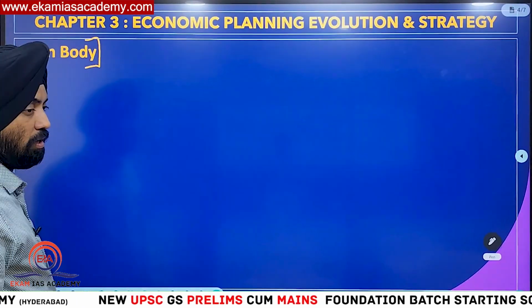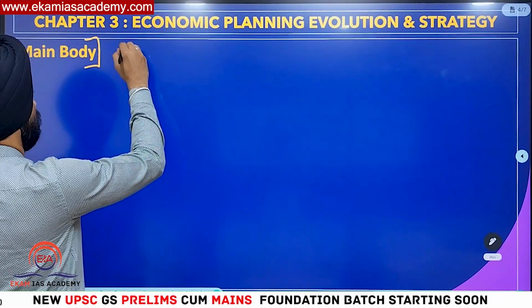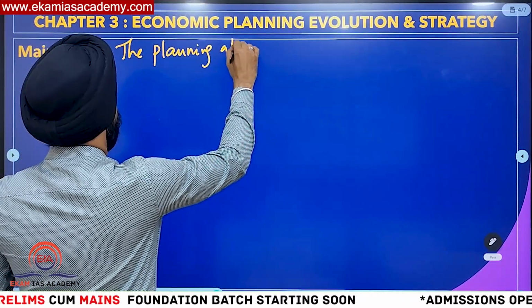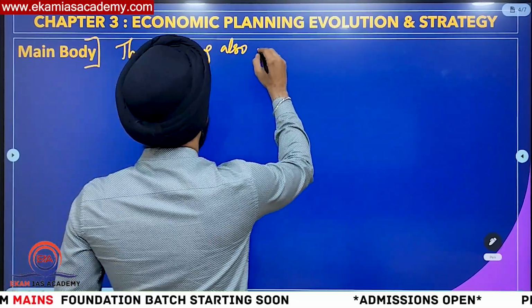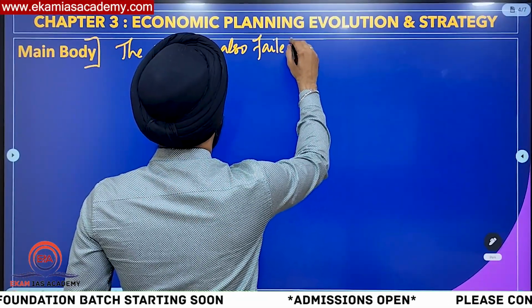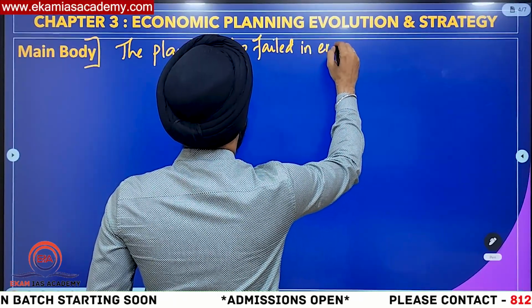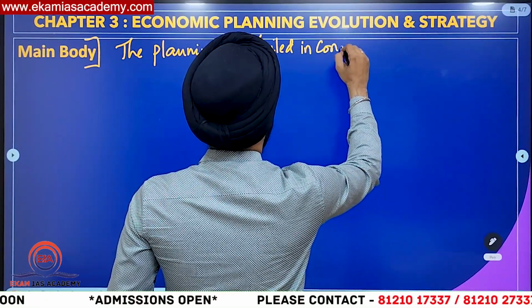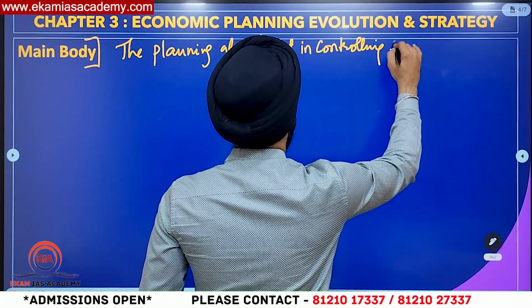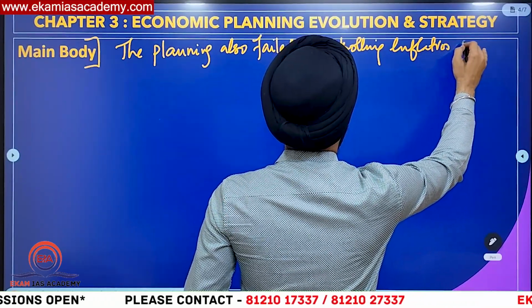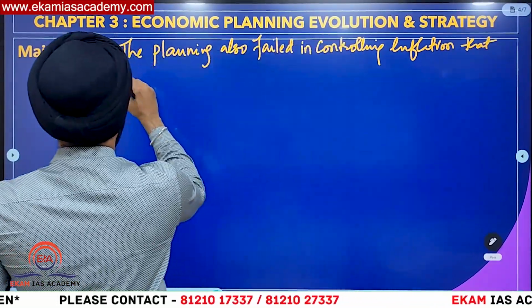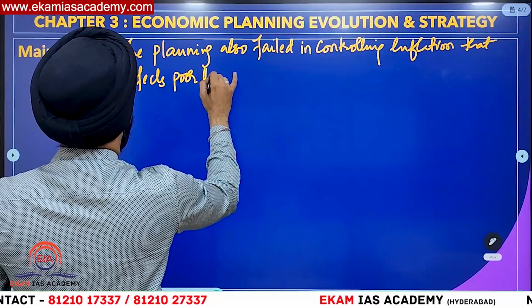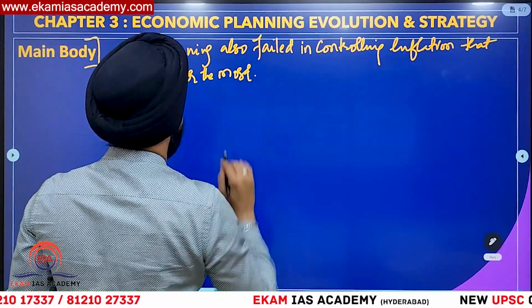Third, another important aspect, the planning also failed in controlling inflation that affects the poor the most.